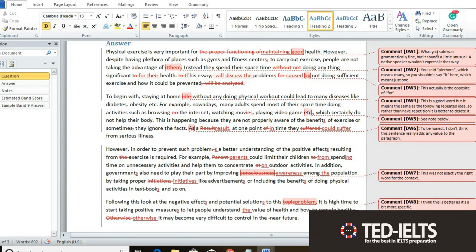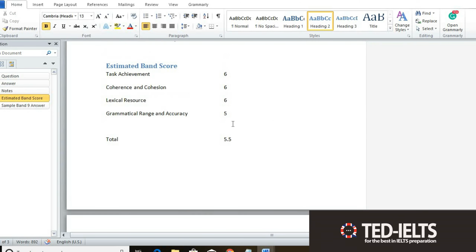These are the changes that I've made, and you can see my comments, there are more of them as well. So let's skip down to the estimated band score. You can see this person actually did worse than the first one, but that's because their coherence and cohesion, lexical resource were poorer, and their grammar was also a little weaker. But the task achievement was better.